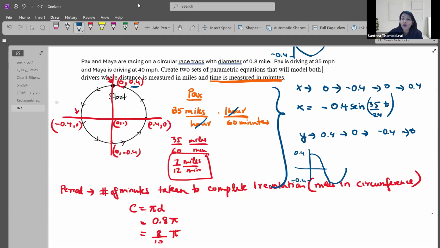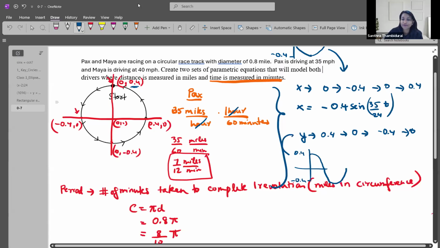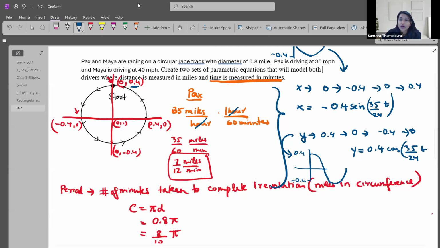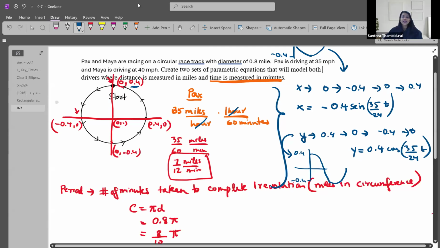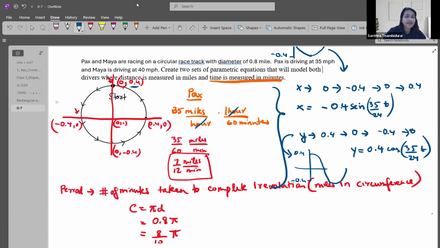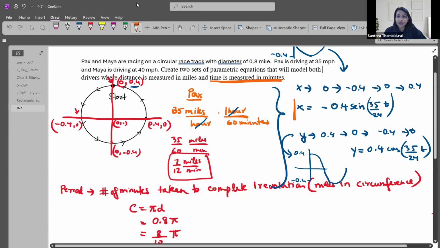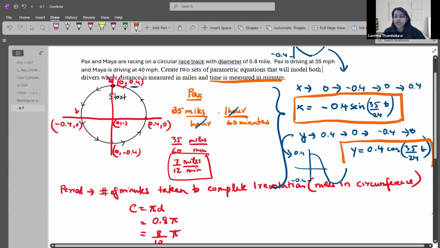So this must be y equal to amplitude 0.4 cosine, the same b value, 35 out of 24 t. So that's how you would find the parametric equations for x and y that model this situation. And of course, you can do the same procedure to find the parametric equations for Maya.